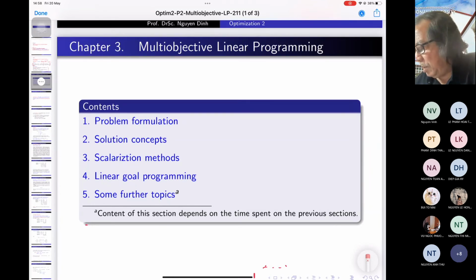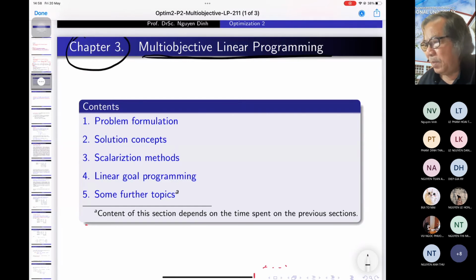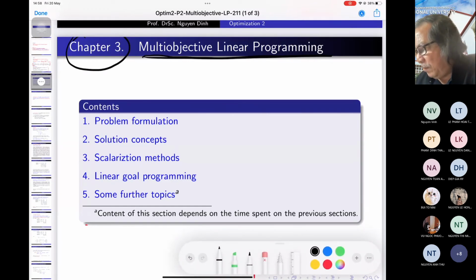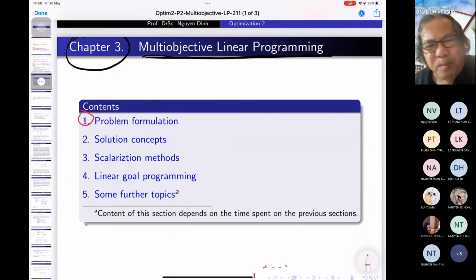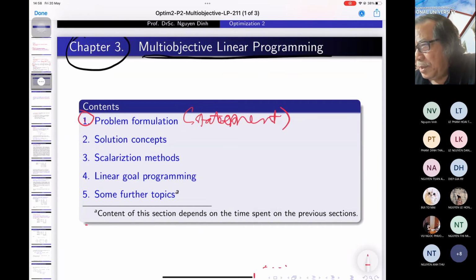Okay, so let us start with the third chapter, multi-objective linear programming. In this chapter, we have several sections. The first is the problem formulation, or the problem statement. The second is the solution concept.